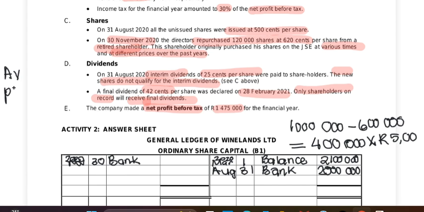Your average price is going to equal 4.1 million divided by the 1 million, and that is equal to R4.10 as your average price.